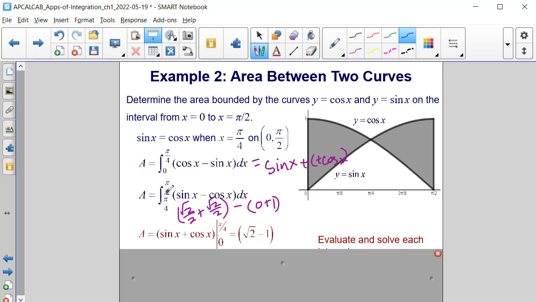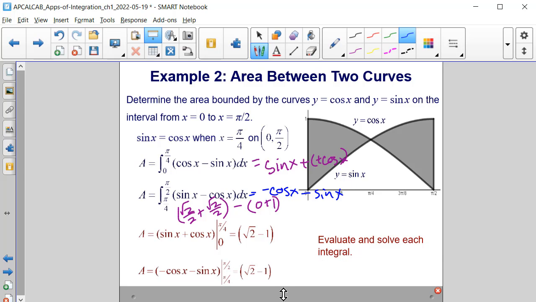Now let's do our second integral. If we integrate sine, we end up getting negative cosine of x minus the integral of cosine, which is positive sine of x. And now let's evaluate that from pi over 4 to pi over 2. Let's start with the cosine of pi over 2.